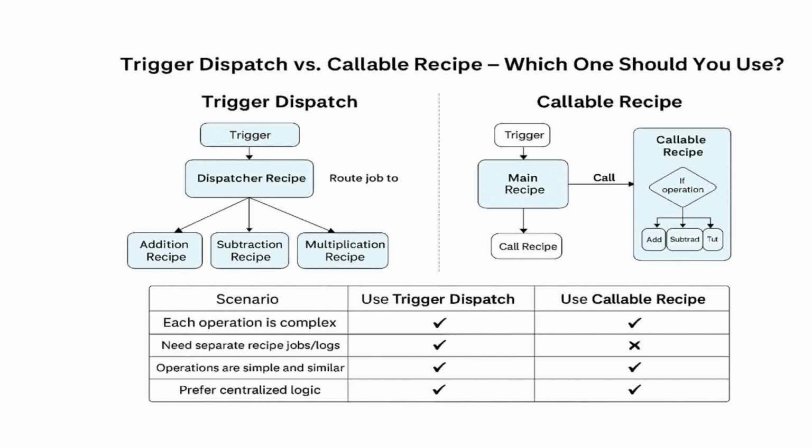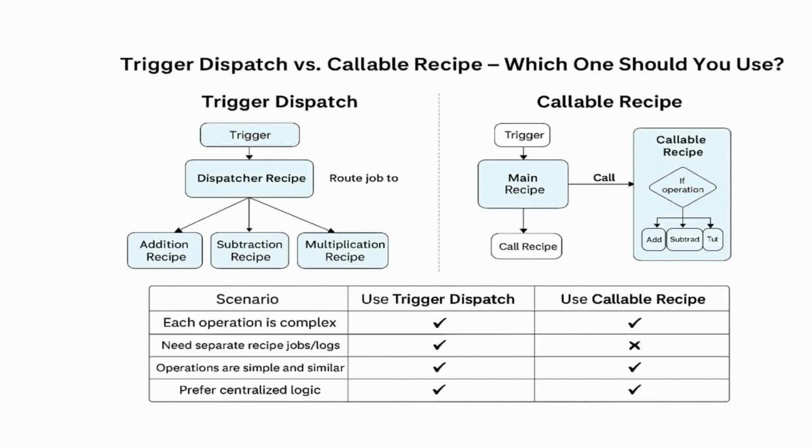These are the differences, but there's no need for a separate recipe for each operation. You can handle it in one single recipe without a separate validation. So this is about trigger dispatch and callable recipe in the theory part.